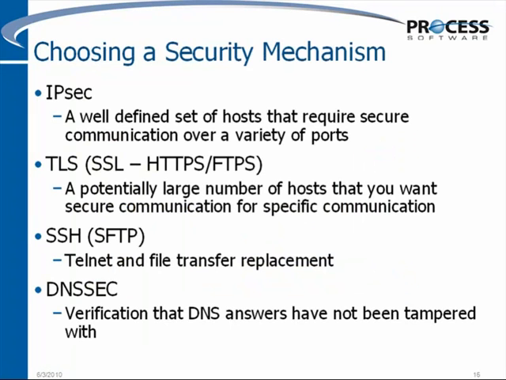One thing that's important is choosing a security mechanism. As we said, IPsec allows security between a well-defined set of hosts that require secure communication over a variety of ports. If you know the systems that want to communicate in a secure manner, that's where IPsec does well.